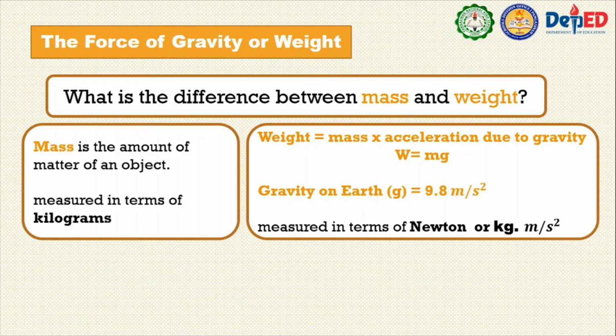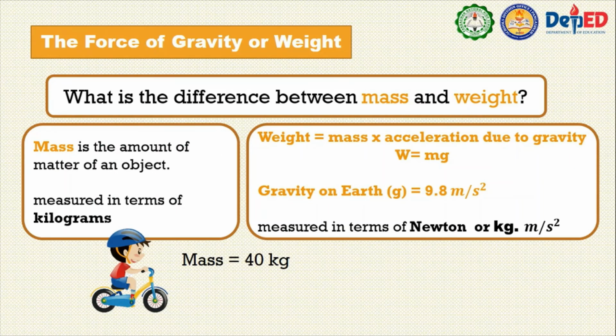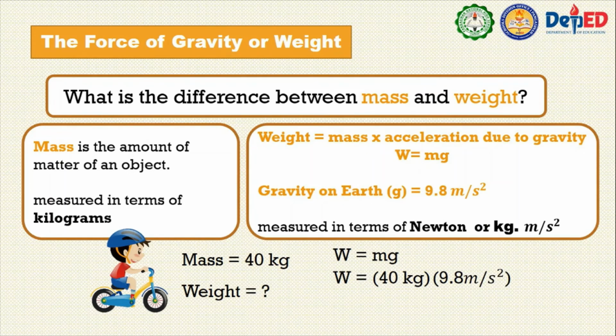Let's have an example. This boy has a mass of 40 kilograms. What is his weight? Weight is equal to mass times acceleration due to gravity. The mass of the boy is 40 kilograms times 9.8 meter per second squared.